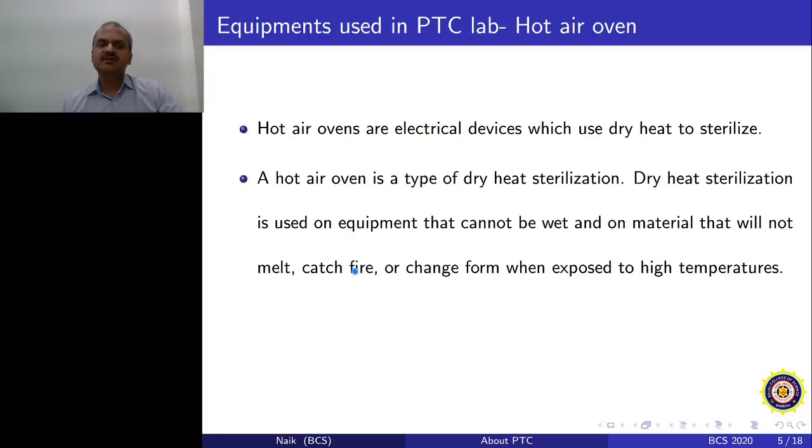If it is a very normal quality plastic ware, then it is going to melt inside the hot air oven. Similarly, if you keep any kind of chemical or anything inside this, it will basically catch fire. For example, if you keep a paper at more than 100 degrees Celsius, it might catch fire.